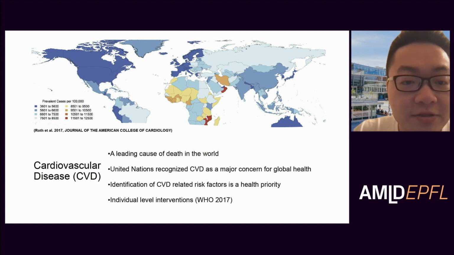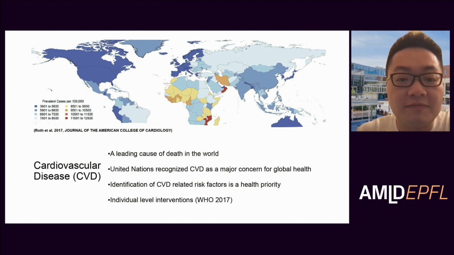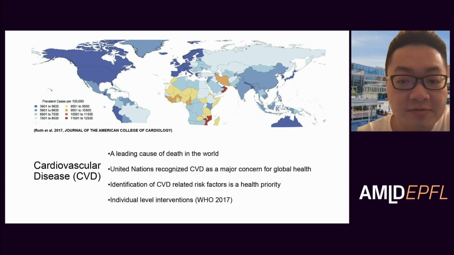The United Nations has officially recognized that cardiovascular disease is a major concern for global health, and they propose that the identification of CVD risk factors that can be intervened at the individual level is the most important health concern.